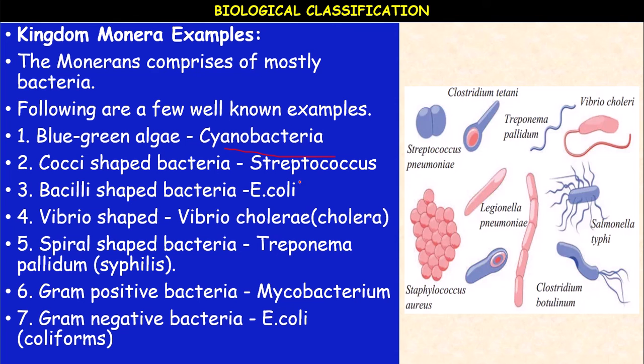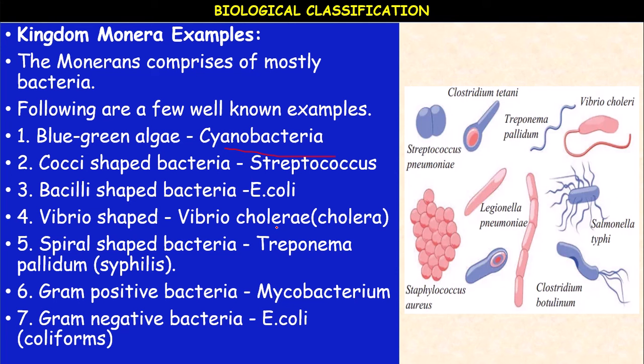Mycoplasmas are the smallest bacteria and the smallest of all the free living prokaryotes. They can survive without oxygen. Due to the absence of a cell wall, the organisms can change their shape and are pleomorphic.